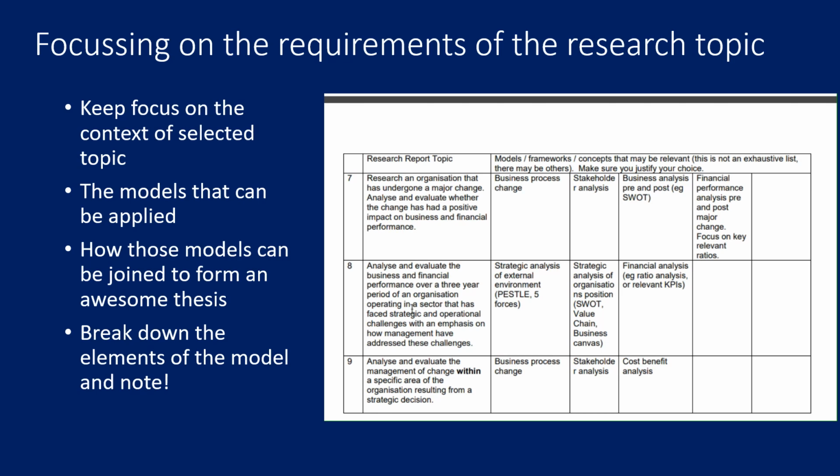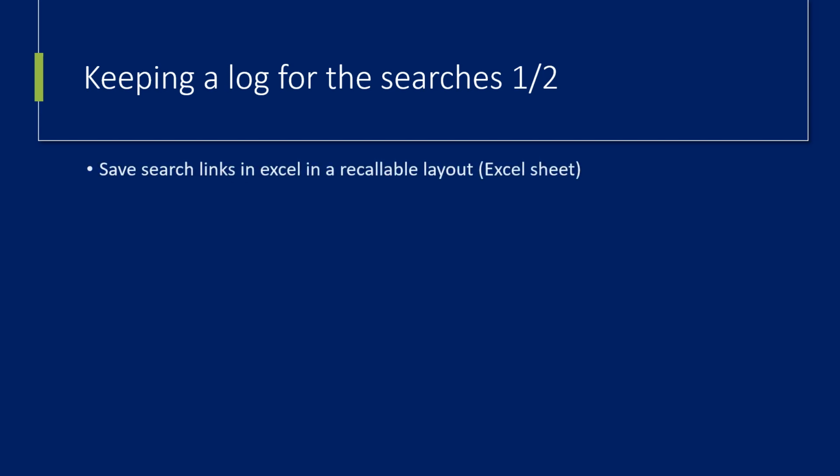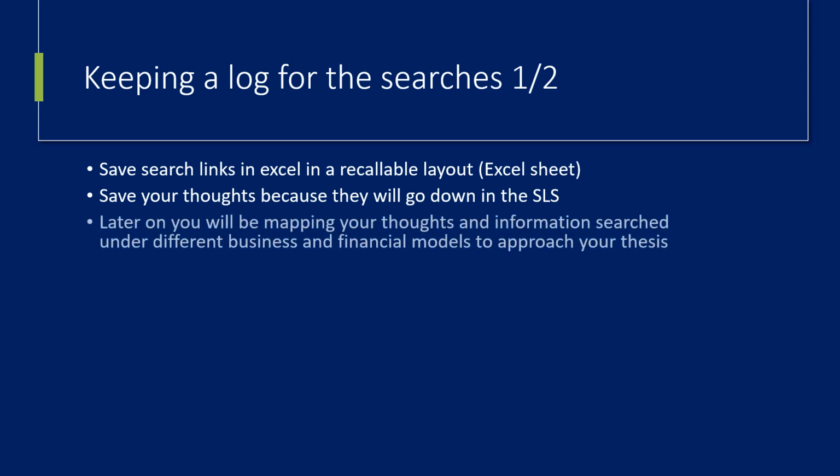And not only that, if you have a list of information that you have gathered, later on it will be very easy to map and categorize that information under specific models. Like if you have got information on the interest rates, for example, you can classify it as information used for economic analysis.